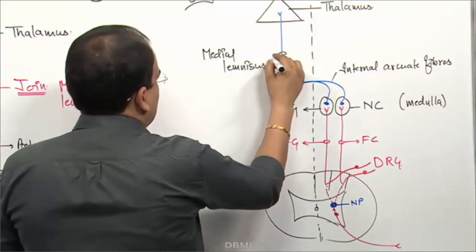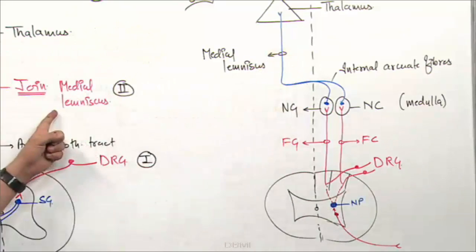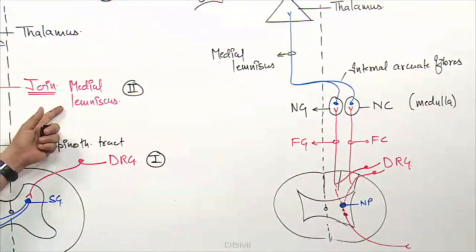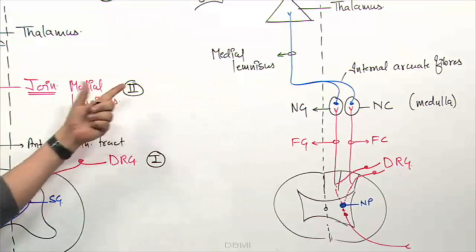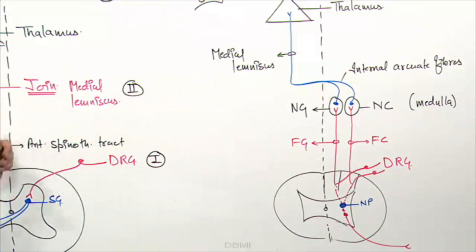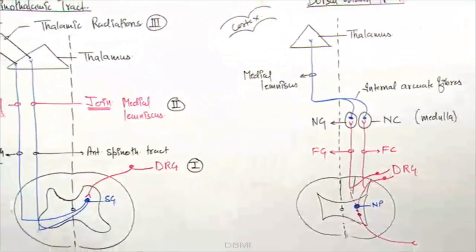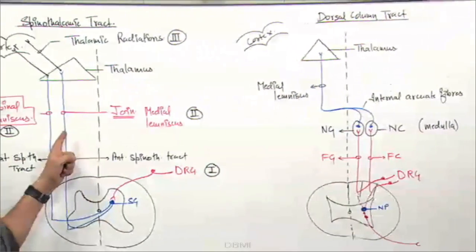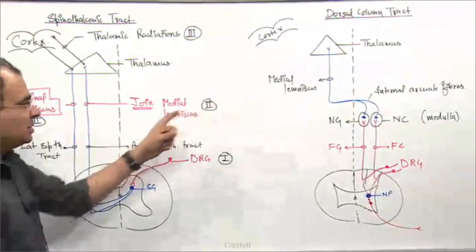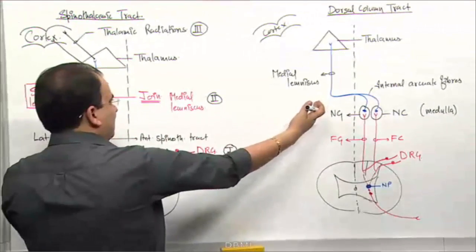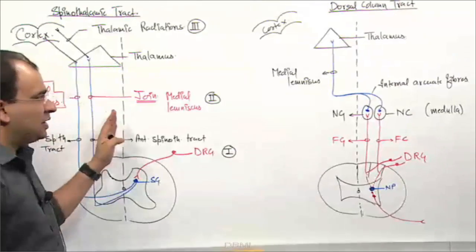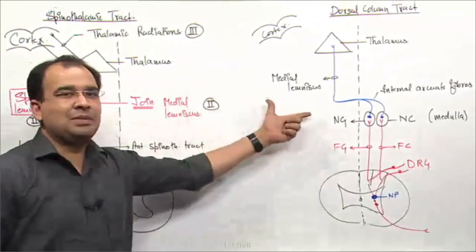The same medial lemniscus which is joined by this tract over here. So this is called as the medial lemniscus, which was joined by the anterior spinothalamic tract. So we have this anterior spinothalamic tract, and there we have the medial lemniscus. Why is it joining the medial lemniscus? What's the reason the anterior spinothalamic tract chose to join the medial lemniscus only?